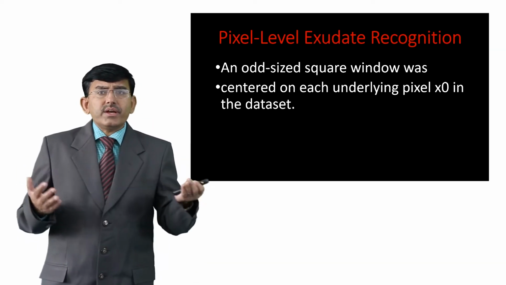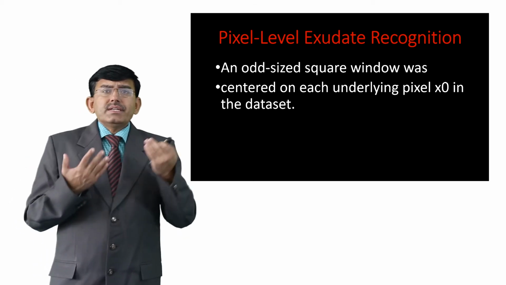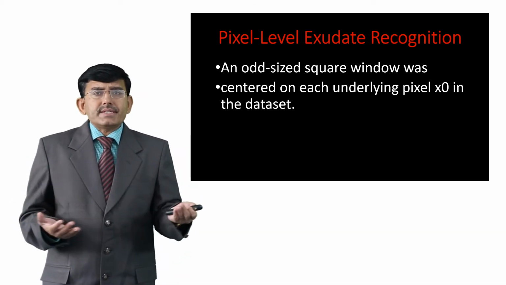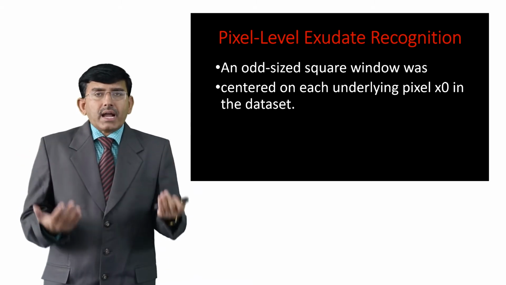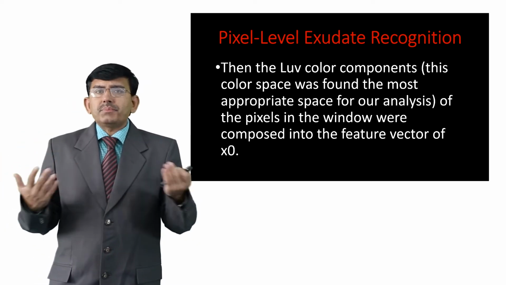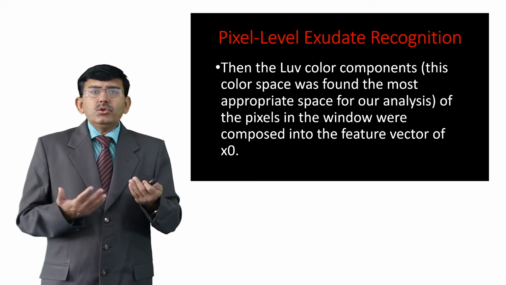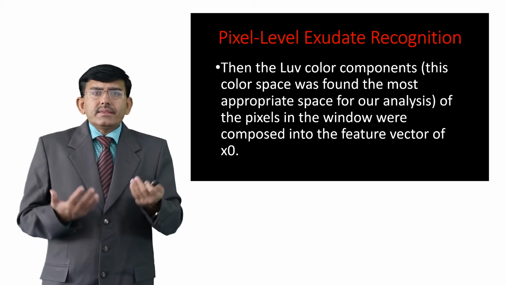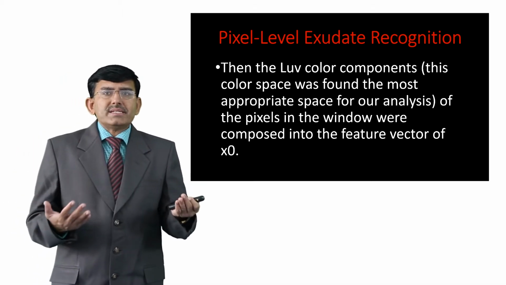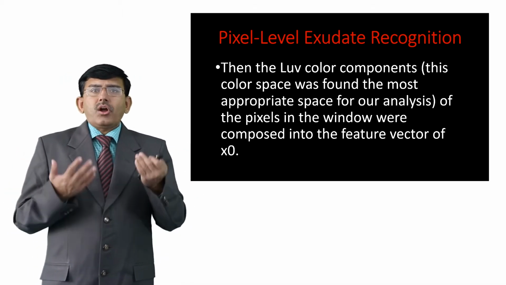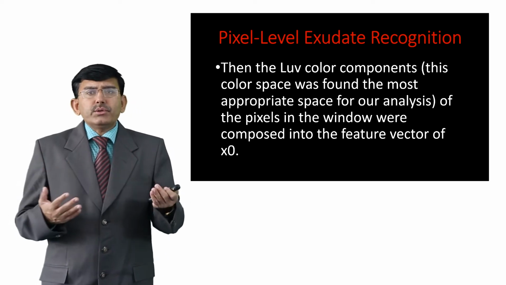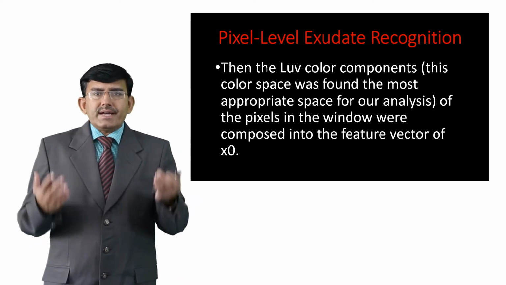An odd size square window was used, centered on each underlying pixel in the data set which has been acquired during the collection of data. Then the LUV color components, a color space found to be the most appropriate for our analysis, of the pixels in the window were composed into the feature vector set.